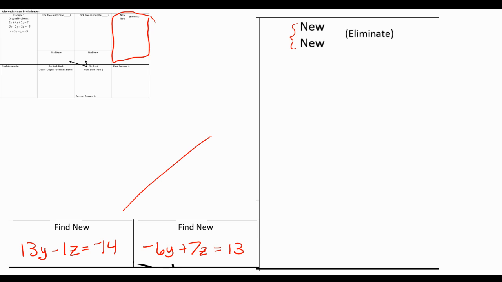So 13y minus 1z equals -14, and the other new equation we found was -6y plus 7z equals 13. Now we're back to where we were before, where we would eliminate and solve.